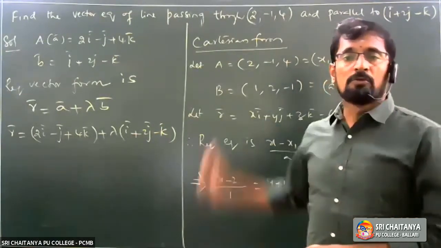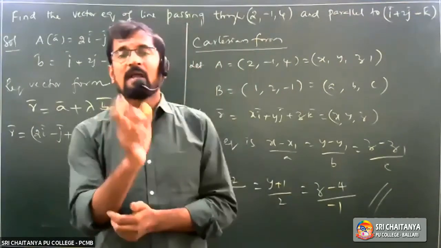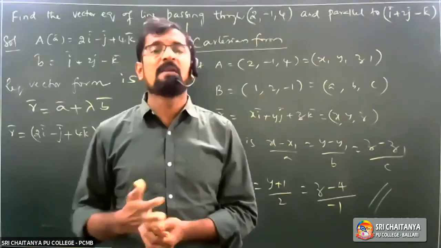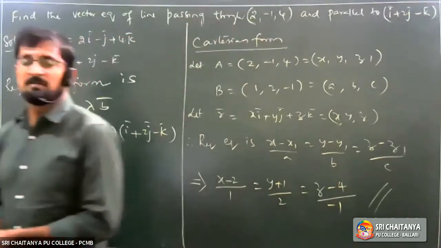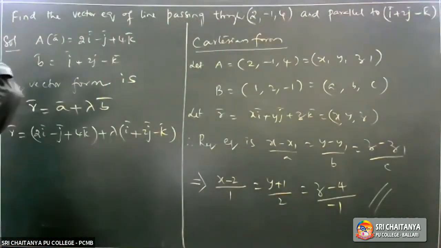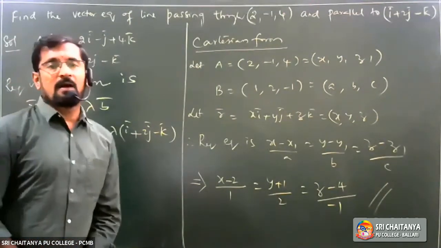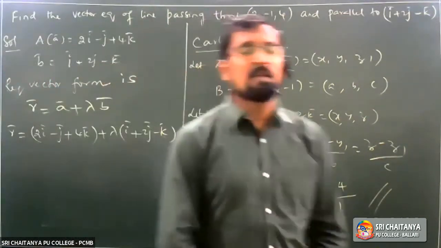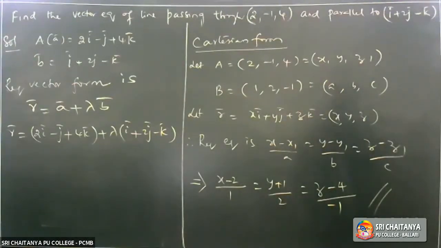Now you should go through the Cartesian form. While you are writing the Cartesian form, the entire i bar, j bar, k bar should be in the form of x1, y1, z1, x, y, z and a, b, c. So I considered the first point as x1, y1, z1: capital A is x1, y1, z1, capital B is a, b, c, right? And R bar is the unknown vector, therefore you consider that as xi plus yj plus zk, which is x, y, z. Now you know the Cartesian equation of the line.